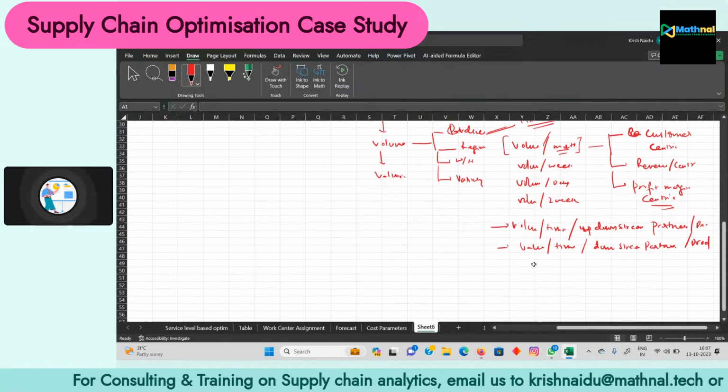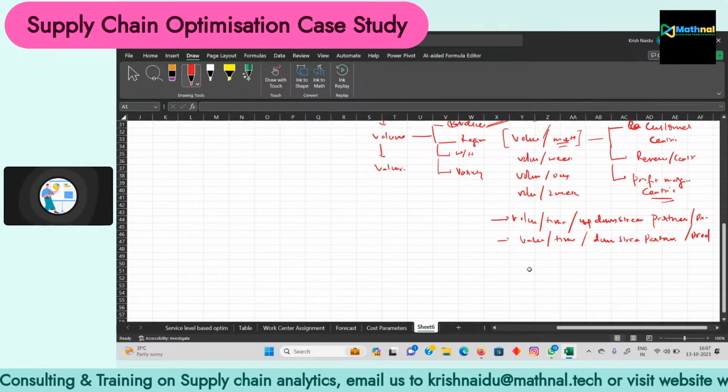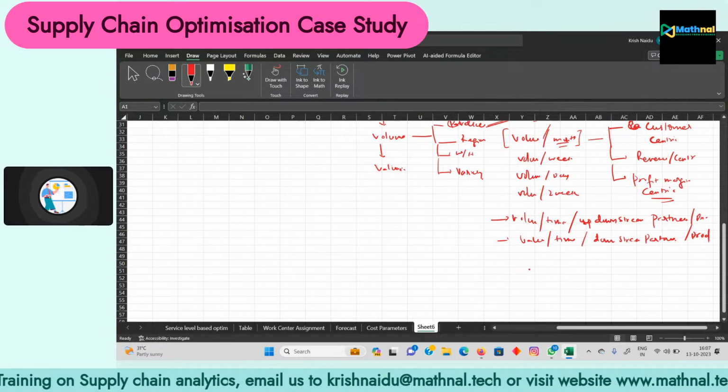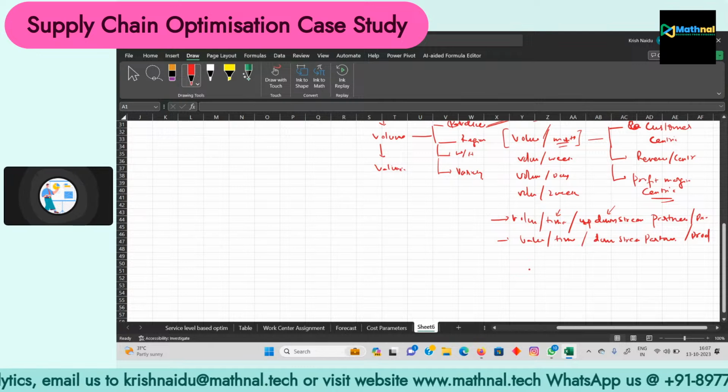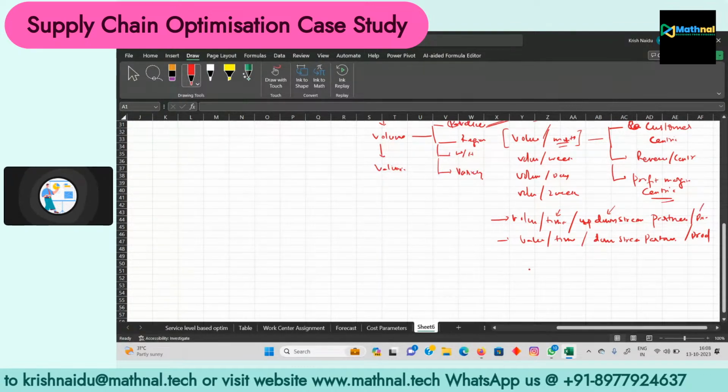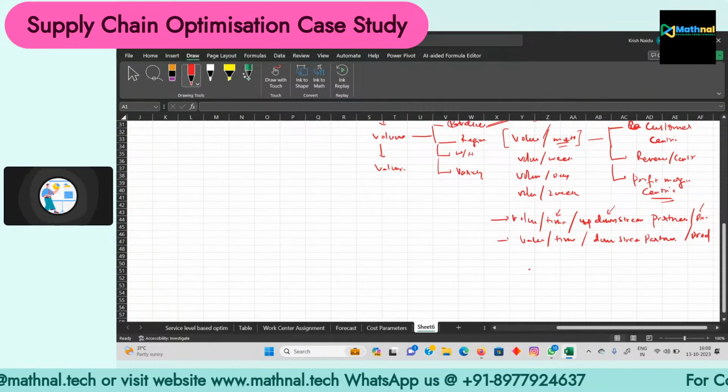So we are trying to bring the volume perspective, value perspective, the time perspective, the downstream partner perspective, and the product perspective. So all these perspectives are coming.